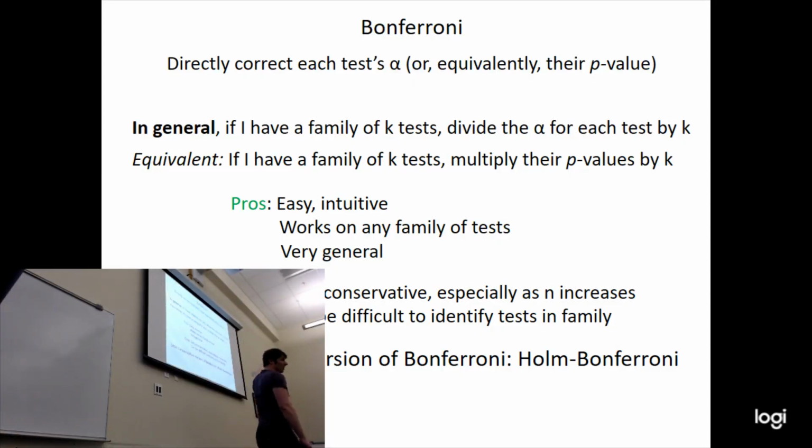That's the one that I recommend. I'll show you in just a little bit. It's very simple to do the Holm-Bonferroni procedure rather than the Bonferroni procedure. There's a paper that describes how it works. The details, I think, are not super important. Just know that it's less conservative.